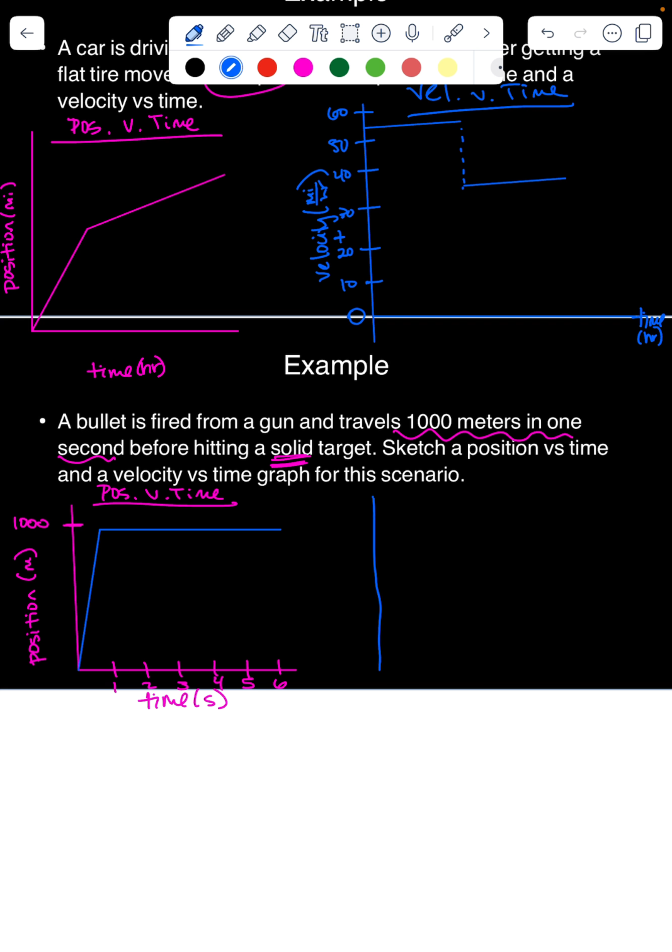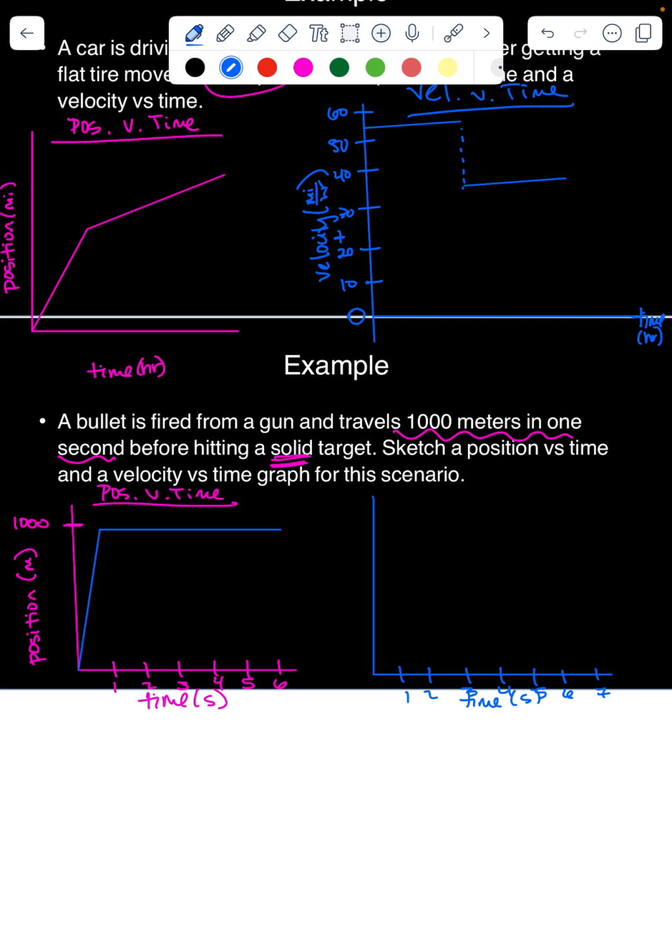So how does that interpret into a velocity versus time graph? We're going to have two segments there also. All right, so we have time on the bottom, still measured in seconds. We're going to do 1, 2, 3, 4, 5, 6. Dang it, I did a little bit longer. 1, 2, 3, 4, 5, 6, and 7.